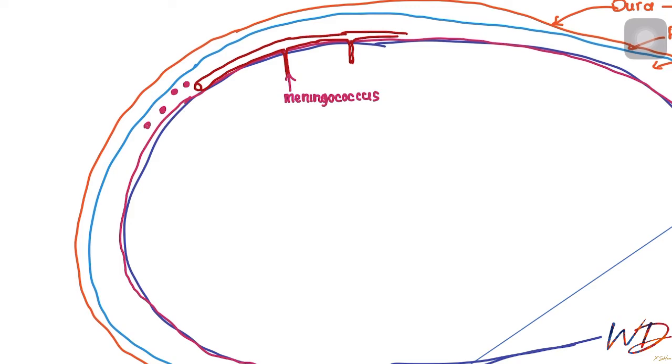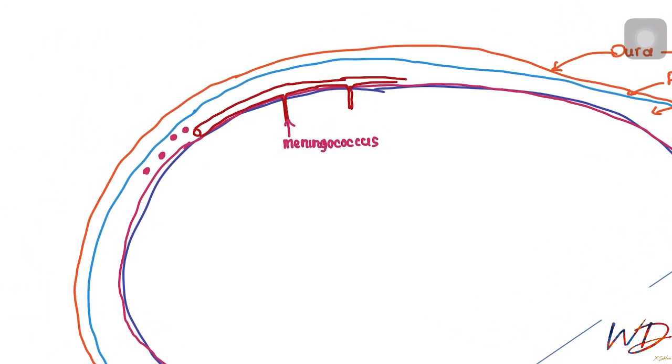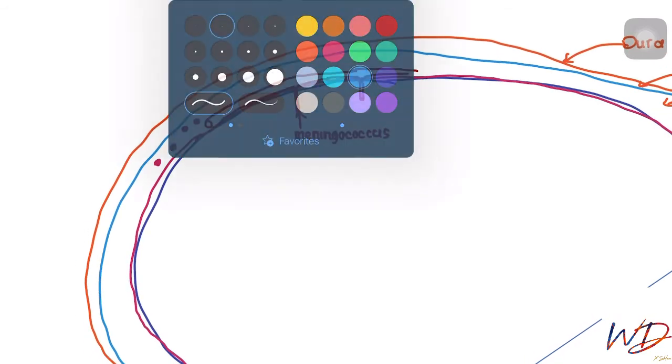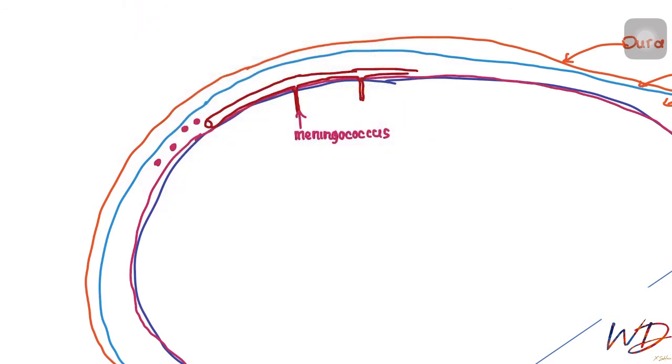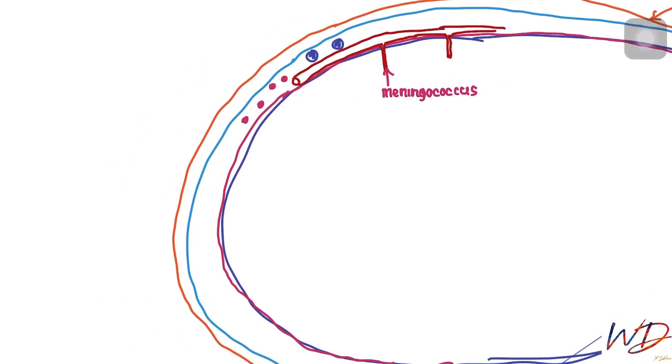They can enter into the CSF space. So the subarachnoid space has CSF, and these Meningococcus will come here. Now, there are around 5 white blood cells per microliter of CSF. That's a normal value. But in this case, there is going to be an increase.